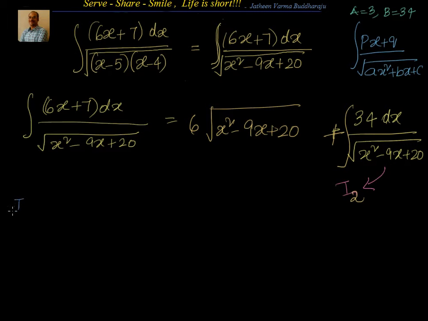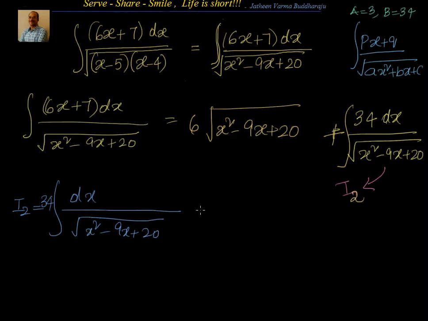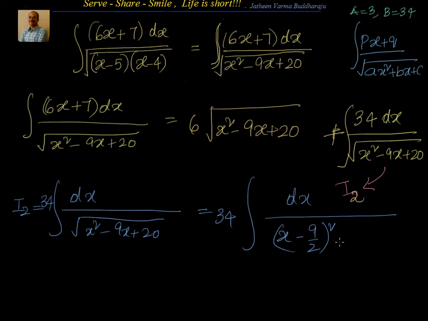I2 will be equal to integral of 34, which we will take out, times dx by root of x square minus 9x plus 20. So we have to now use the completing the squares method, and we will write it as dx by x minus 9 by 2 whole square plus 20 minus 81 by 4.